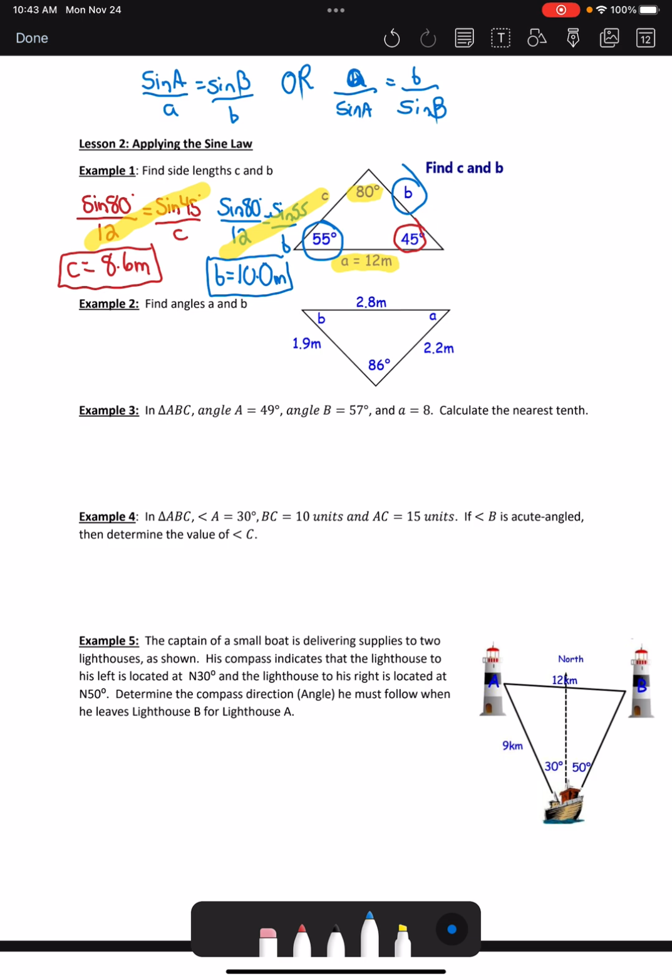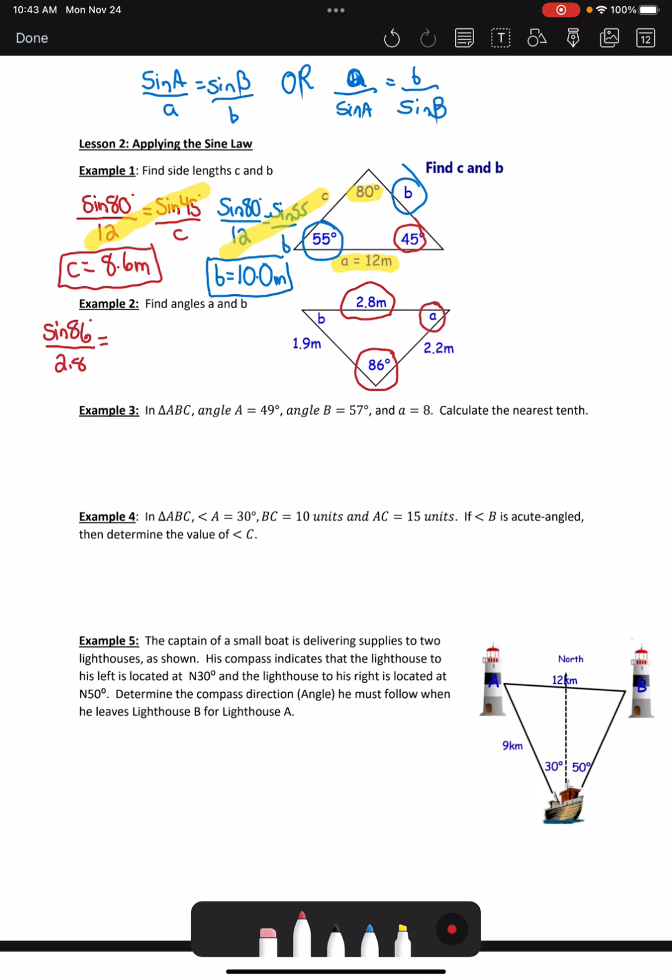All right, try pause, see if you can do the next one. Very similar to what we just did. So we're gonna go 86 degrees is opposite to 2.8. So I'm gonna go sine 86 degrees over 2.8 equals, and then I can do either one first.